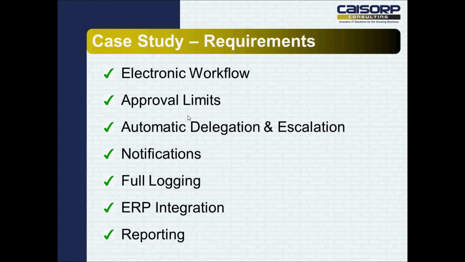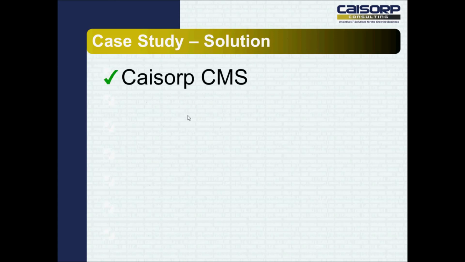So the solution we recommended had its foundations based on the Caisorp CMS. Now, the Caisorp CMS provided a solid base that we could build the required workflow and approval functionality into. It already had a lot of what they required. It already had full logging, it already had notifications, and it already had approval limits within it.